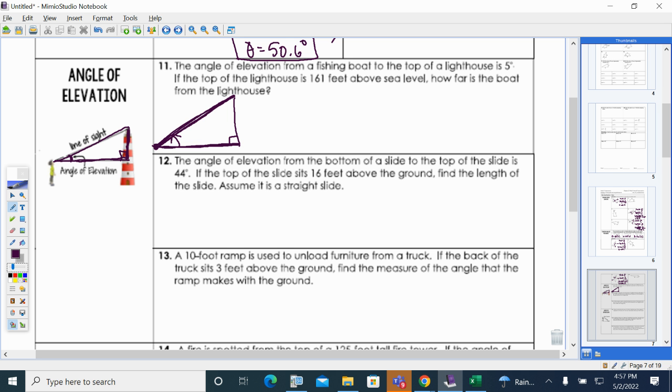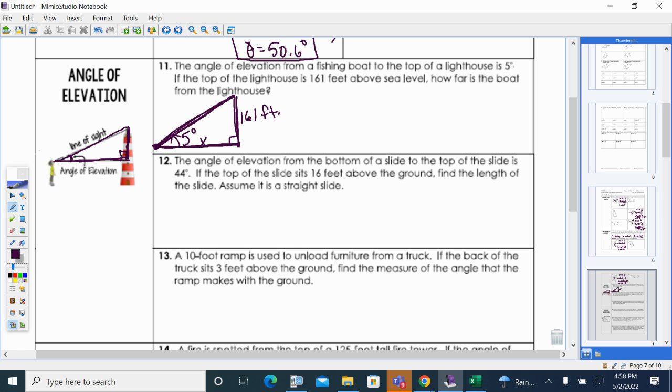And then your perpendicular is going to be the height of that object. And in this case, it would be your lighthouse. So let's label our parts. The angle of elevation is 5 degrees, so that goes there. If the top of the lighthouse is 161 feet above sea level, that is your vertical measure. And they're asking how far is the boat from the lighthouse. So that means I'm looking for the horizontal.